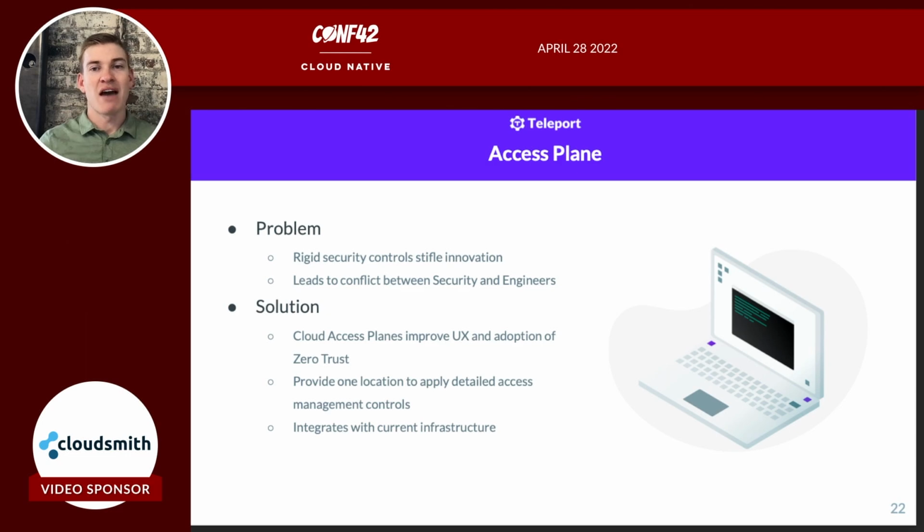The value of having a unified access plane in this example allows you to pipe all your access to your various cloud compute resources, such as databases, servers, Kubernetes, or applications, through a single choke point using a proxy or gateway.